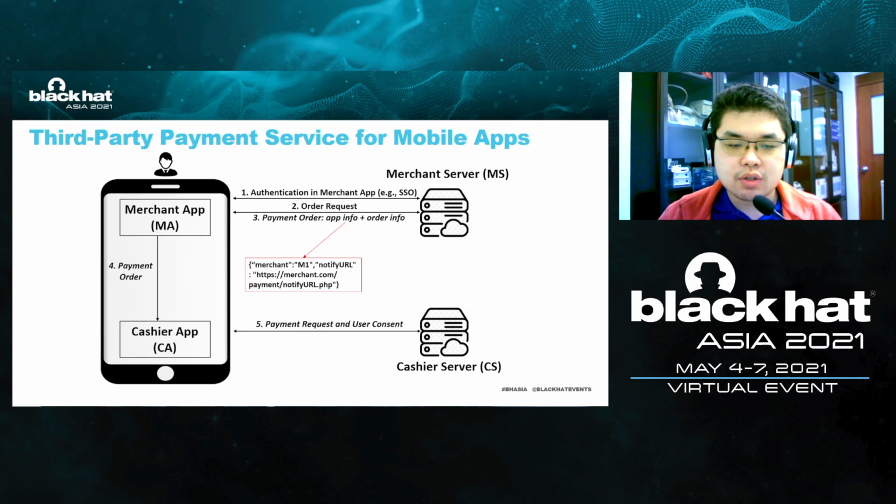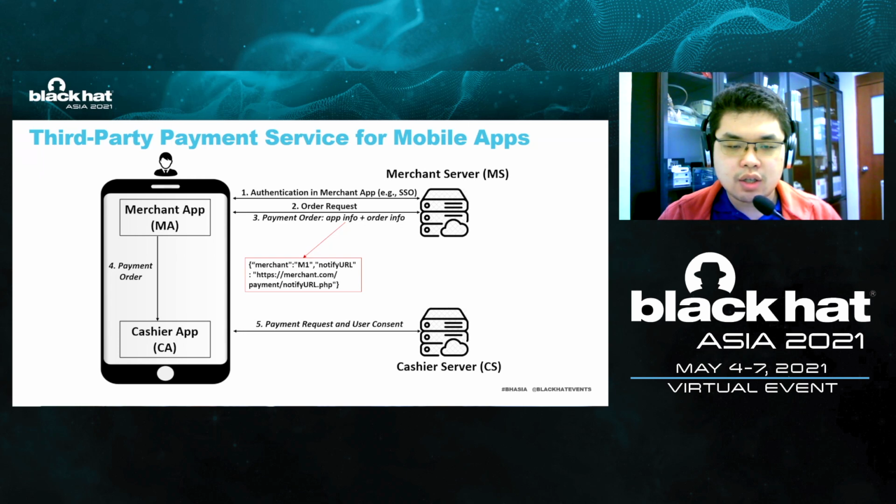Then, the merchant server will respond with a payment order in step 3, which contains the app information and other order information. The app information here includes an important parameter called notify URL, and we will use it later.